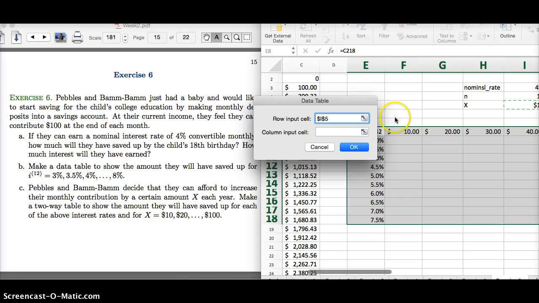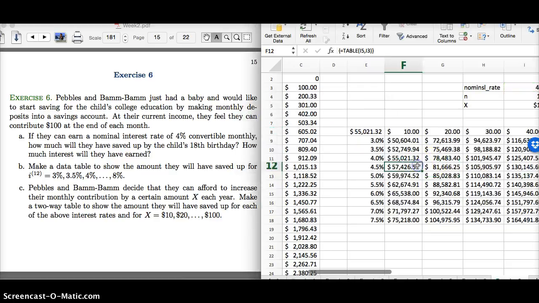And then the column input cell is where I have the interest rate, which was 4% for my example. That's in cell I3. I say OK, and it fills in the table. You can see that the amount for 4% and $10 is equal to the amount that I got before using 4% and $10 for my values.